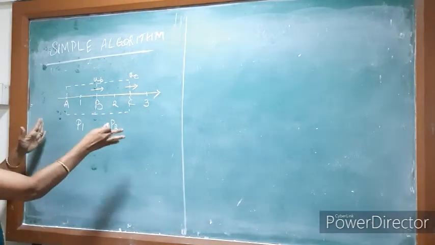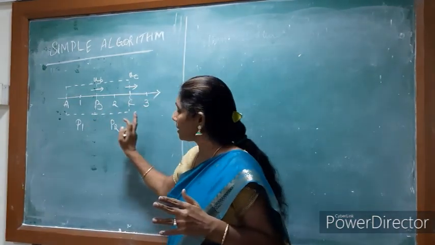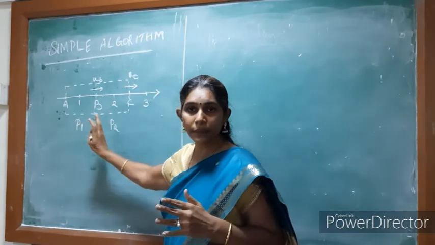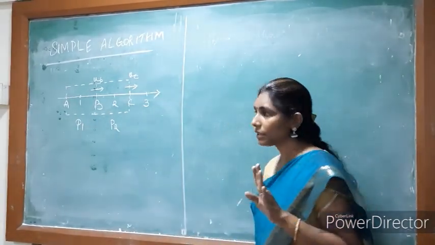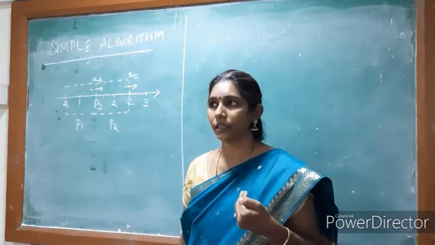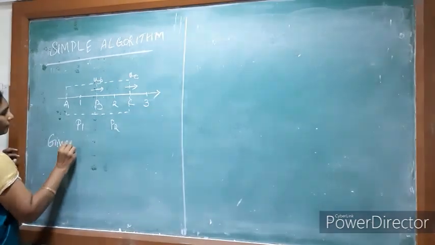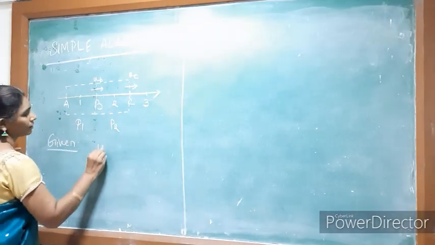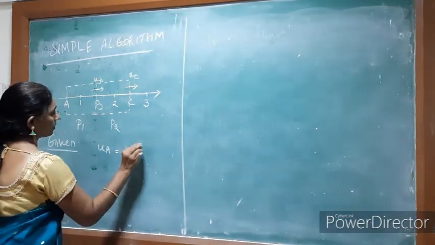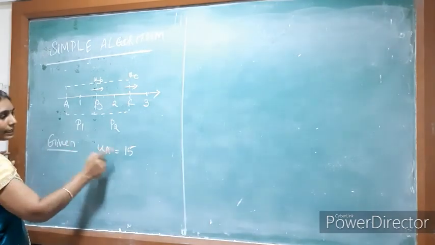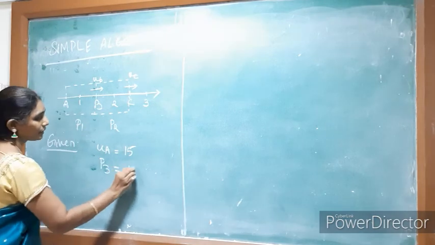Okay. Now for this question, we'll have to find out what is the velocity at point B as well as at point C and find out the pressure values, that is P1 and P2. So these four are to be found, and we of course have some given conditions also. I'll write the given conditions. Velocity at point A is given as 15 and pressure at point 3 is given as 10.